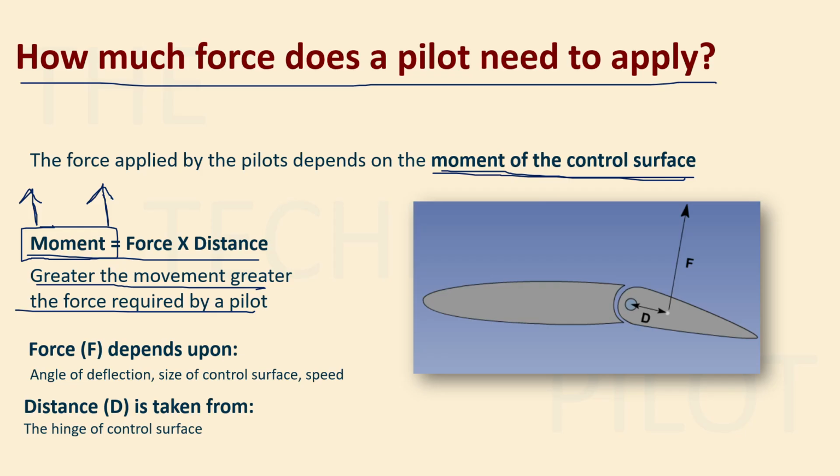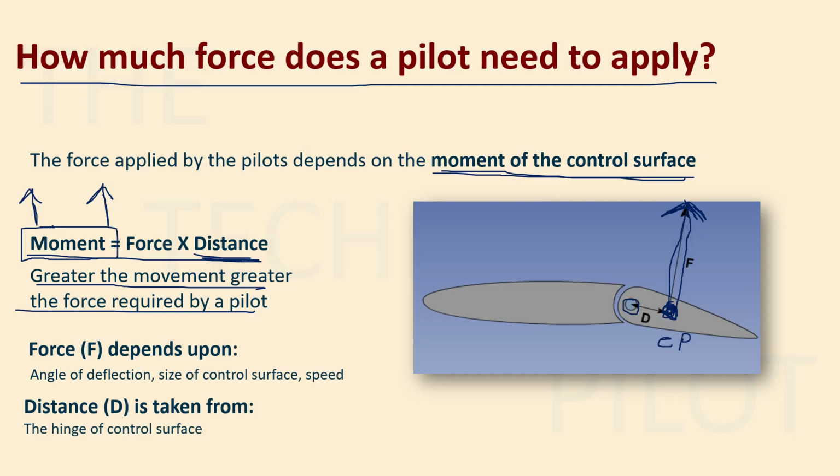What is this force? This is the force. This is your lift. The force that you are seeing here is a lift vector, right? And lift is acting from where? It is acting from your center of pressure, right? So CP is here. And what is this distance? Distance is always taken from your hinge. So this is your hinge.